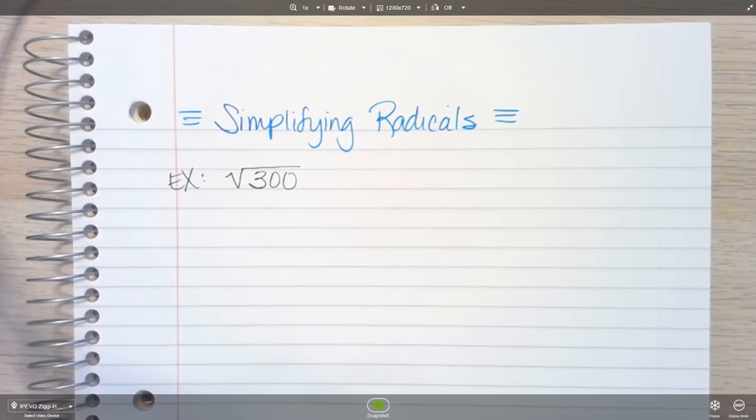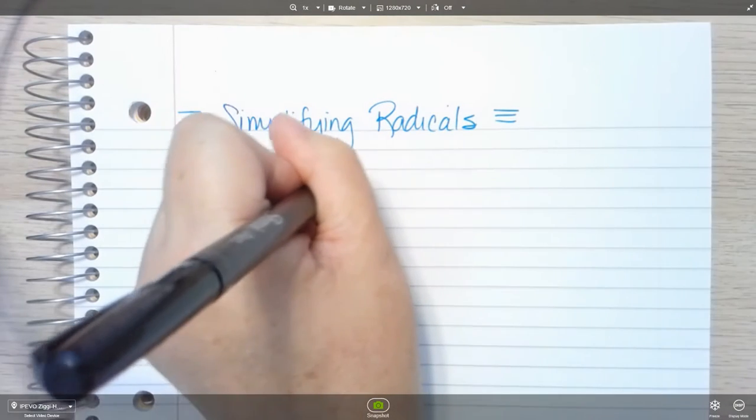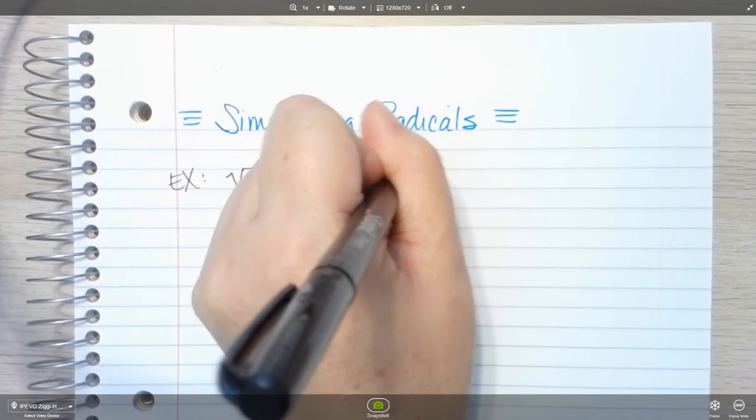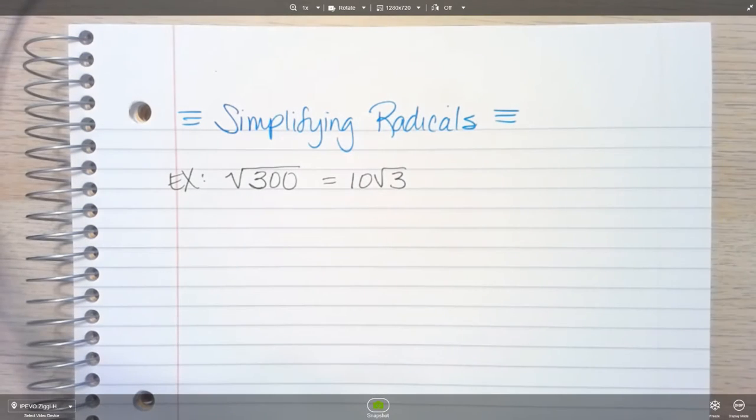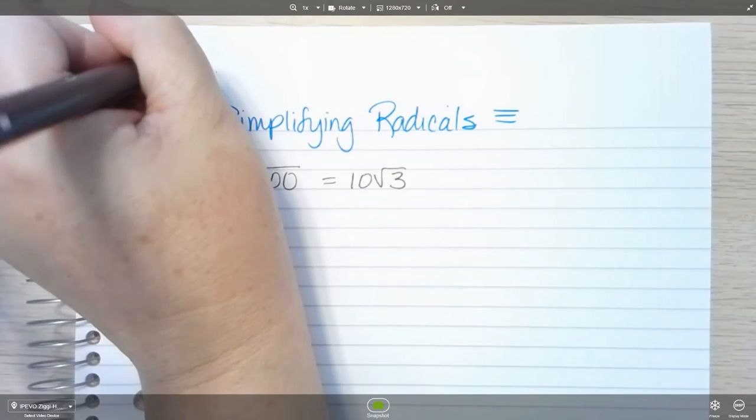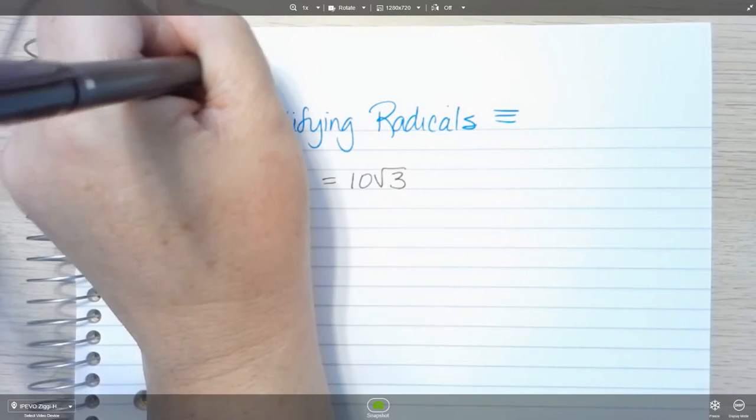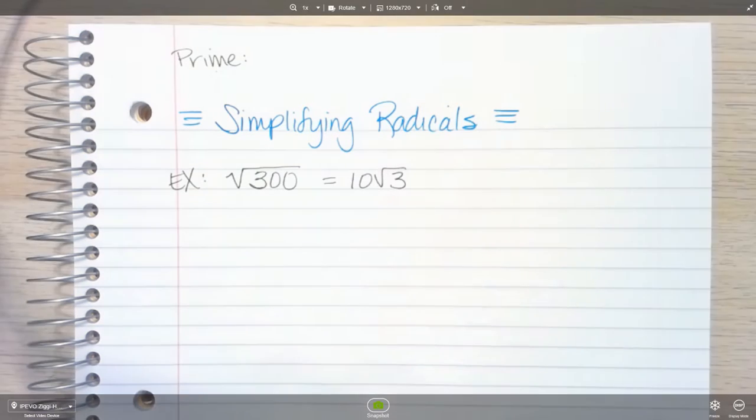Okay, and how could I get 10 root 3 a different way, especially if I have not memorized my perfect squares? Okay, all right, so the technique I was taught was you use prime numbers. Okay, and your prime numbers, they're divisible by 1 and themselves.